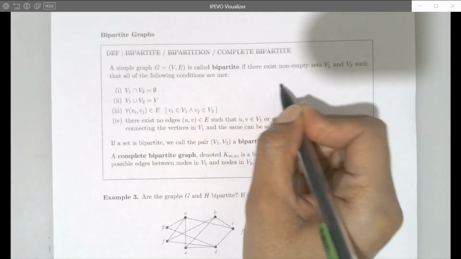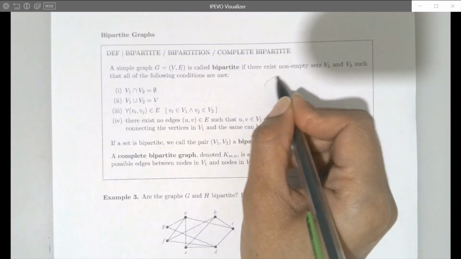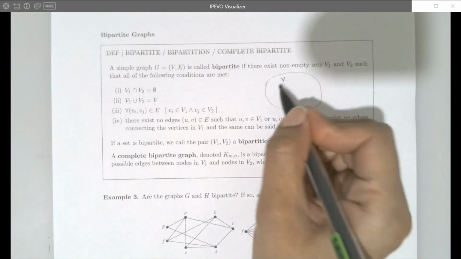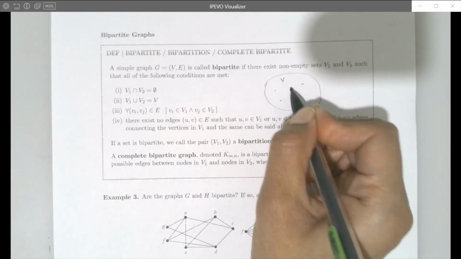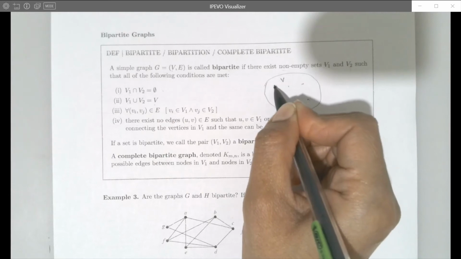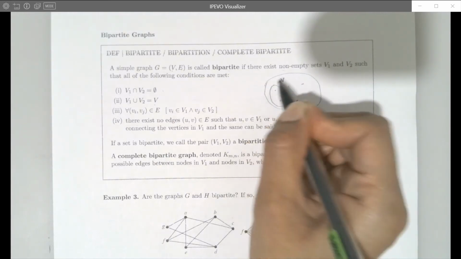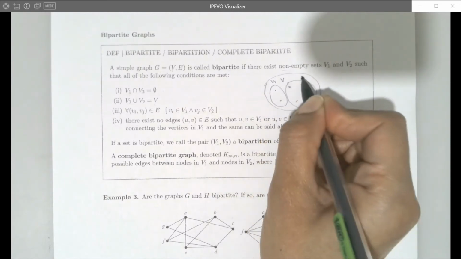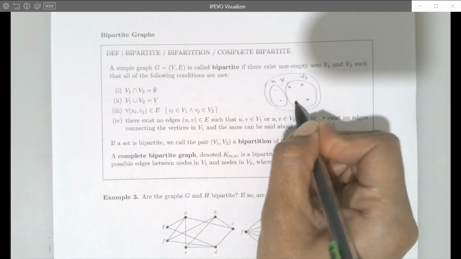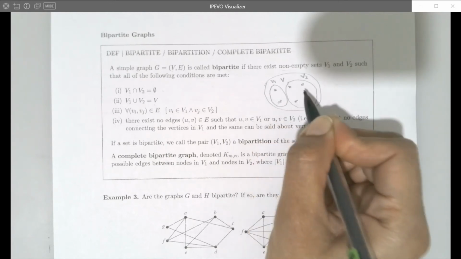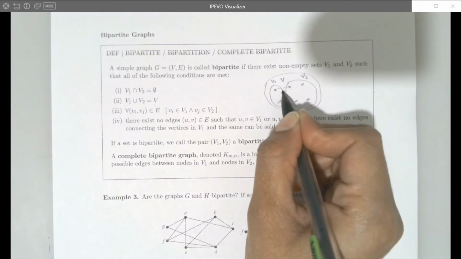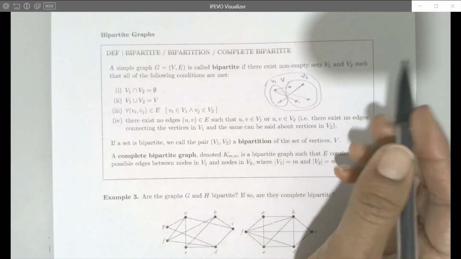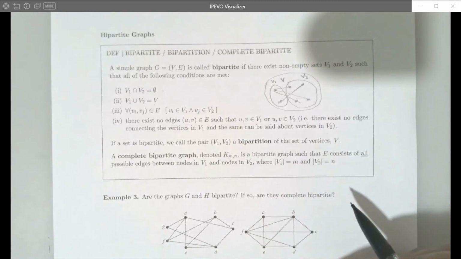Just to draw a diagram here, if this is V representing all of the nodes that are part of the graph, we're basically finding a subset, call it V1, and a second subset, call it V2, such that the graph only has edges between the two sets, but not amongst themselves.